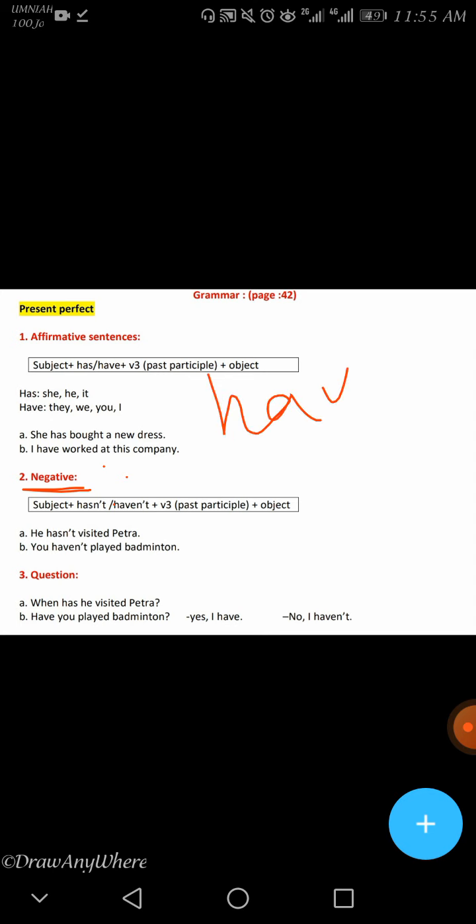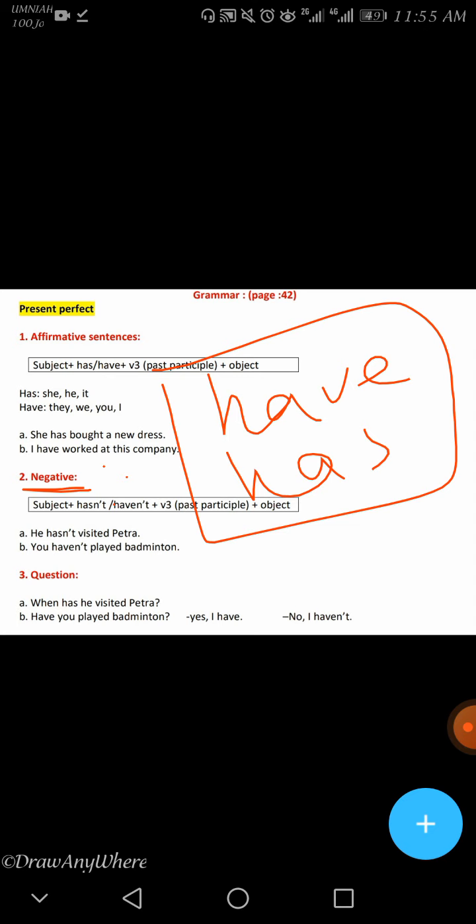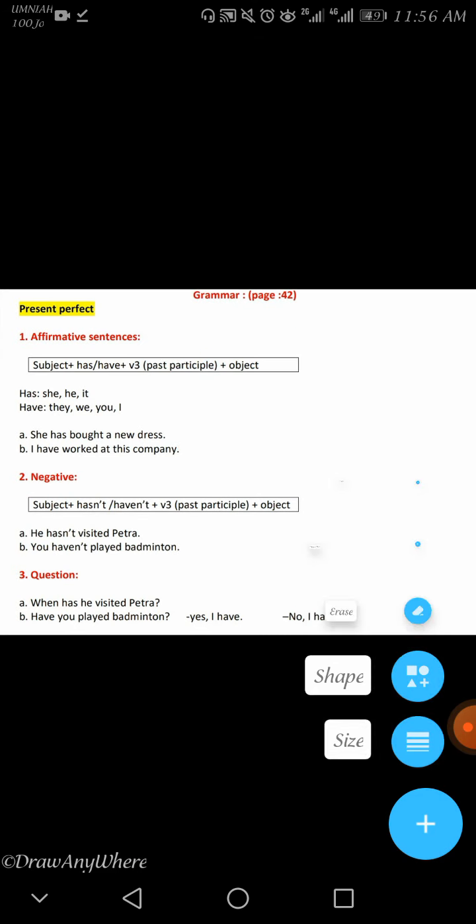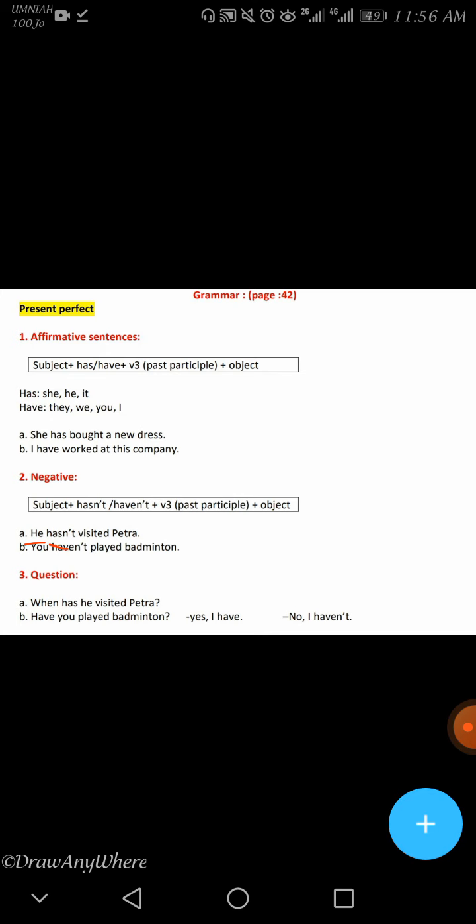When I have a helping verb in this tense or in any tense, it helps me to negate, to ask questions, and to answer. Right? When I have a helping verb, I negate with it and ask with it. What is the job? As soon as I see have or has, I put not on it. Have becomes haven't, has becomes hasn't. That's all for the negative. Okay, look here. She hasn't visited Petra. You haven't played. Okay.